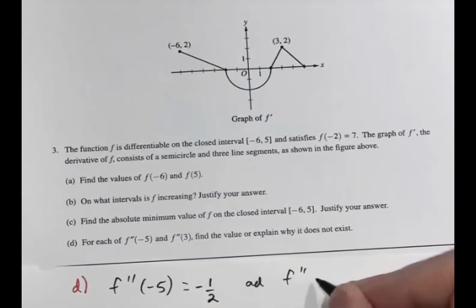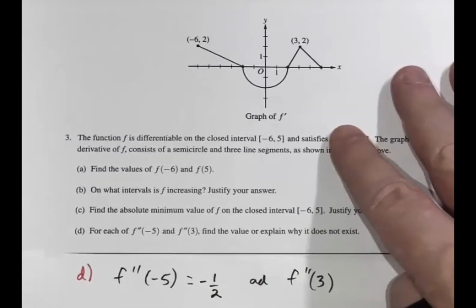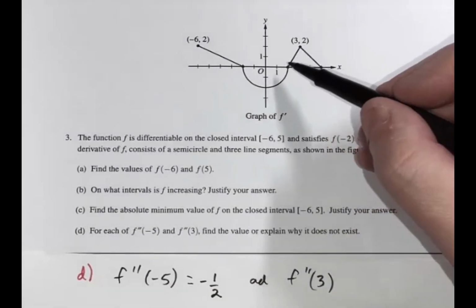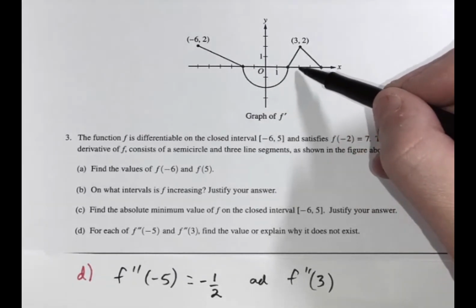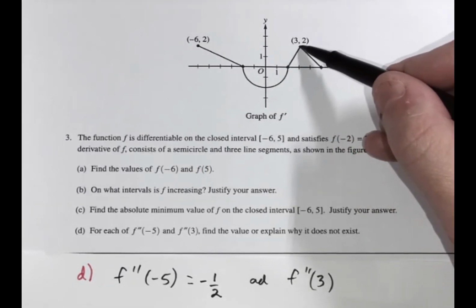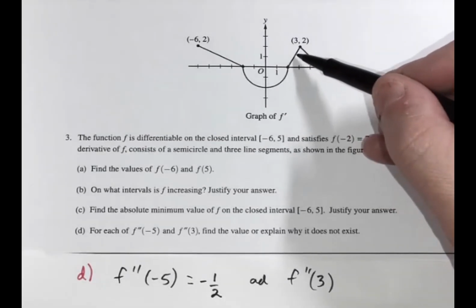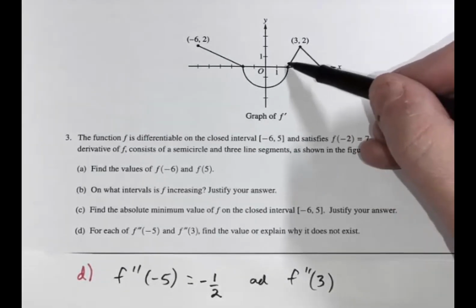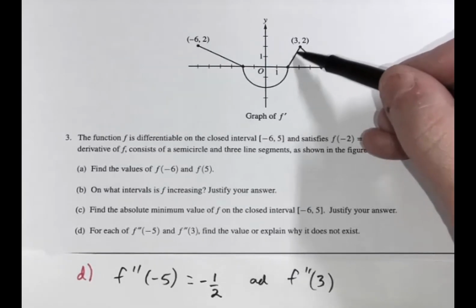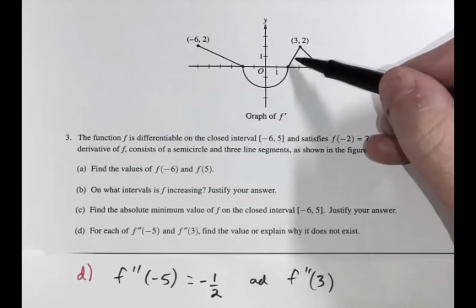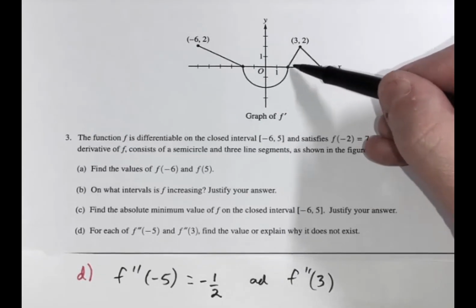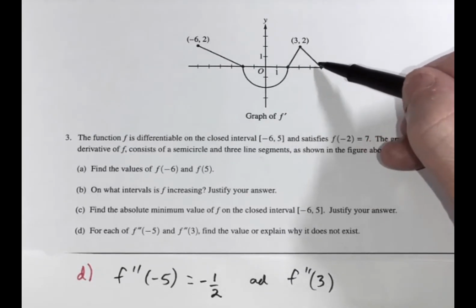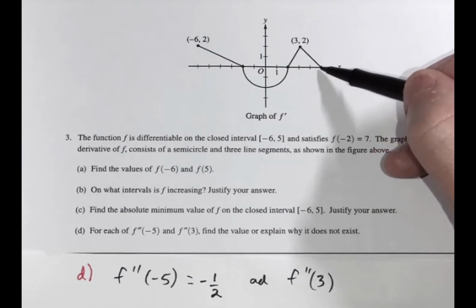And then f double prime of 3. If we come up to the picture again and look at 3, we have 0, 1, 2, 3. Uh-oh, we're at that point. Notice that on the left-hand side, the derivative of f prime, the slope of this, is 2 over 1. That's a 2. But unfortunately over here, the slope is down 2 over 2, which is a -1.